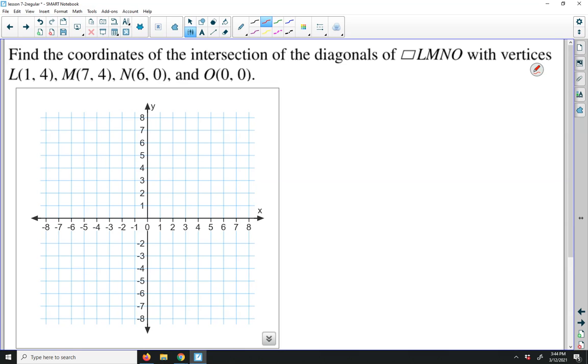So the first thing we're going to do, it says find the coordinates of the intersection of the diagonals of parallelogram LMNO with vertices L, M, N, and O. First, we're going to graph each point, of course labeling it on your coordinate plane.